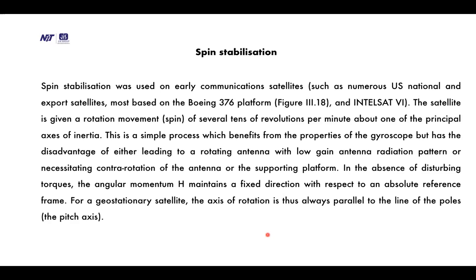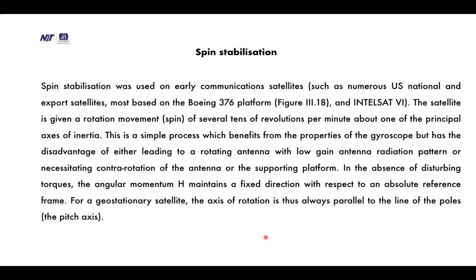Spin stabilization. Spin stabilization was used on early communication satellites such as numerous US national and export satellites, most based on the Boeing 376 platform. The satellite is given a rotational speed of several tens of revolutions per minute about one of the principal axes of inertia.